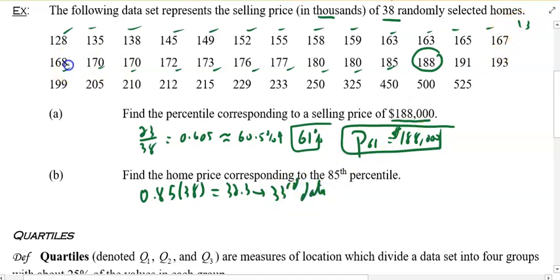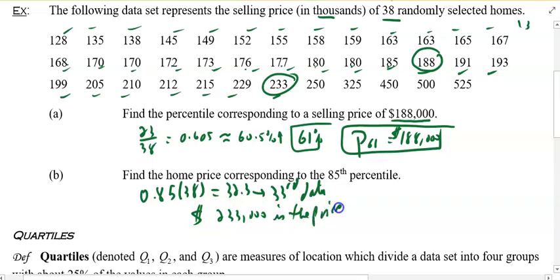So this is 13, 14, 15, 16, 17, 18, 19, 20, 21, 22, 23, 24, 25, 26, 27, 28, 29, 30, 31, 32, 33. The 33rd score would be, so that's what L is, $233,000 is the price of the home at the 85th percentile.